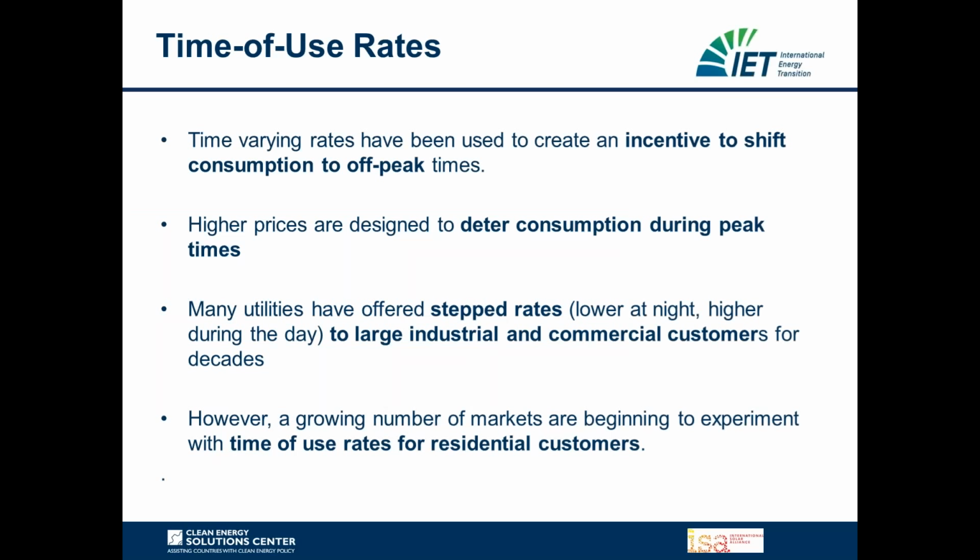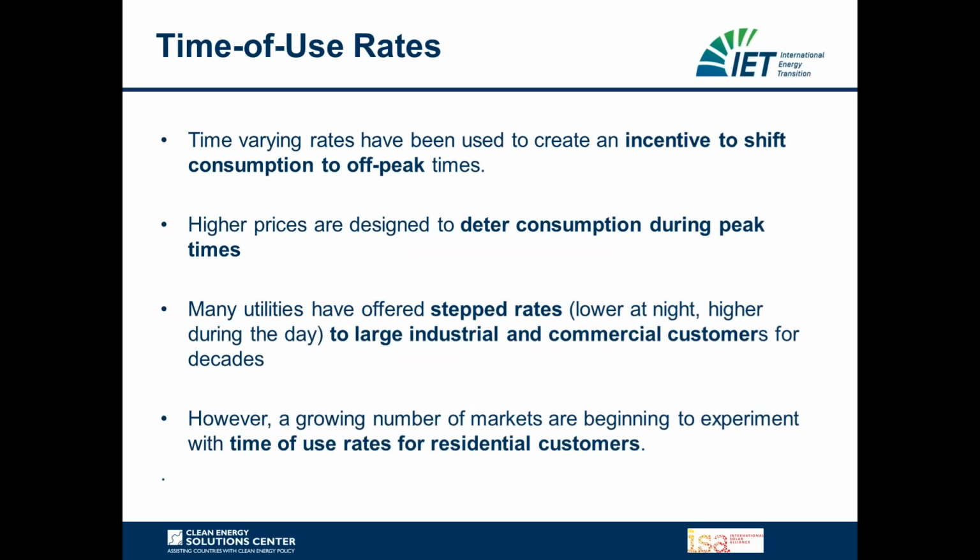So first of all, let's look at time varying rates, namely time of use rates. Time of use means that depending on the hour that you use your electricity, the electricity price or the network tariffs that you're paying will change.